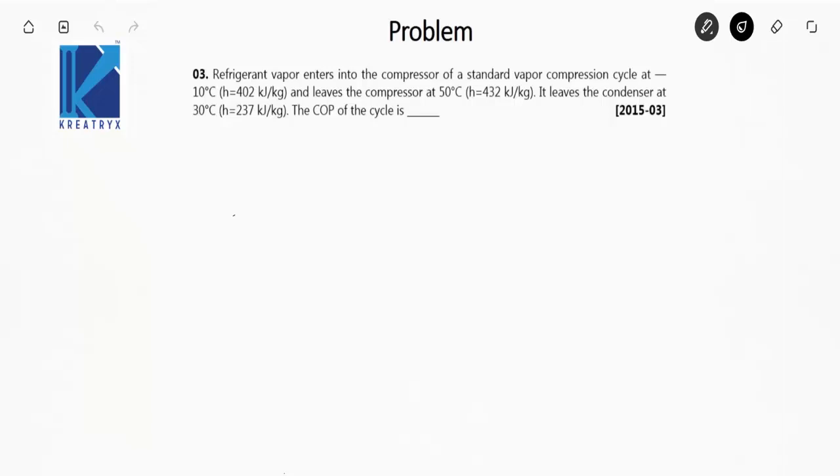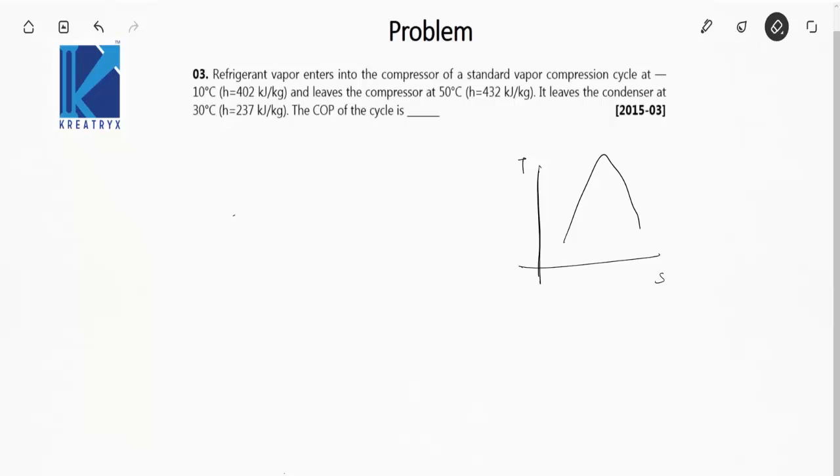It leaves the condenser at 30 degrees Celsius, and the enthalpy of state point 3 is also given. Let me draw the TS diagram. The COP of the cycle is, you have to find the COP of the cycle. It's a bit difficult to draw here.